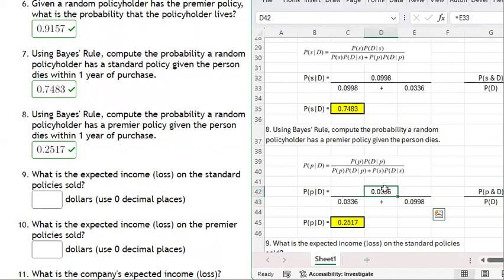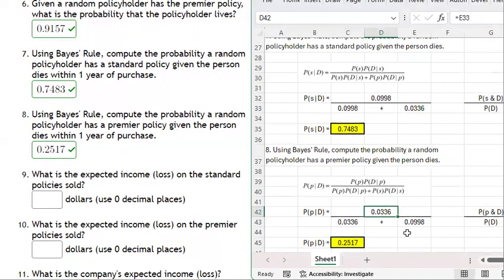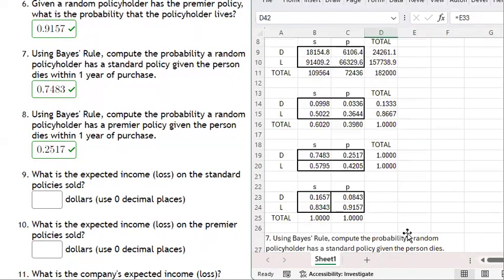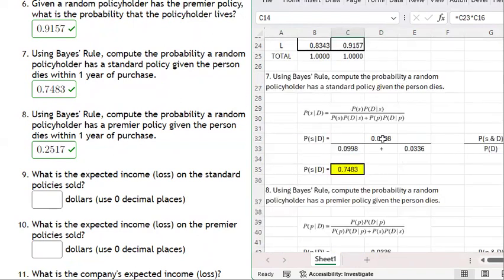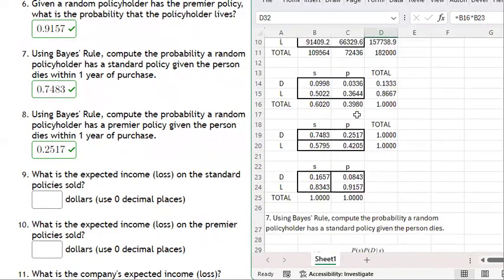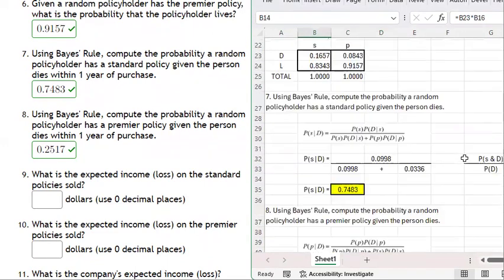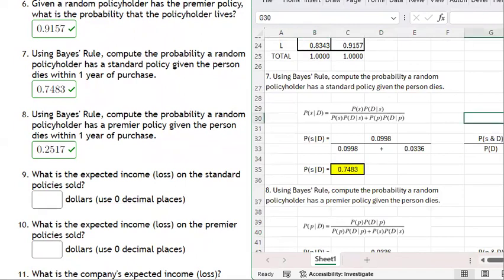And this is the probability of P and D, 0.0336. This right here is the probability of S and D. Right there, correct? See how that works? All right.